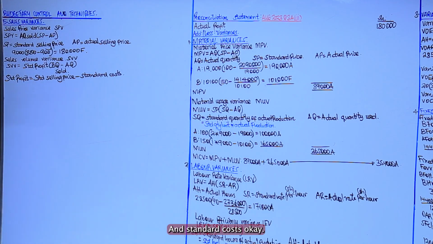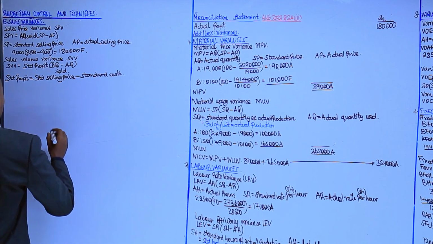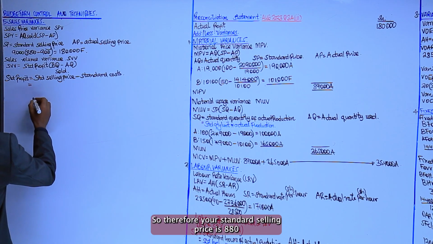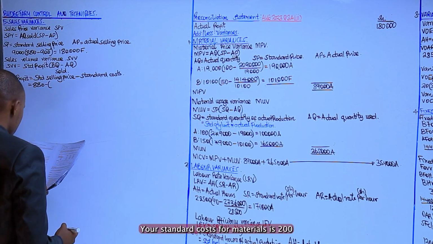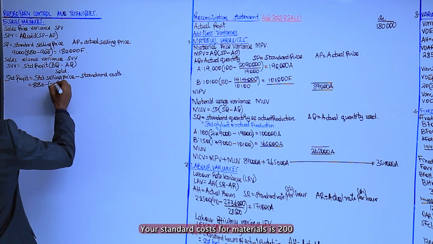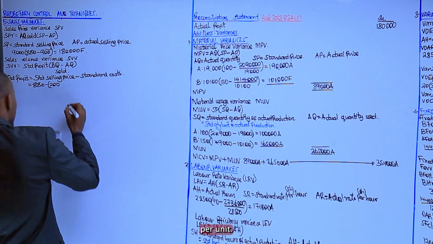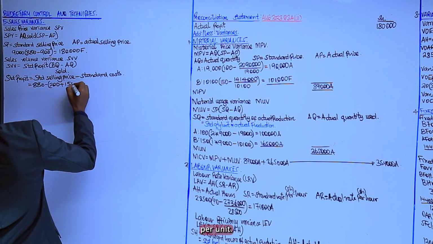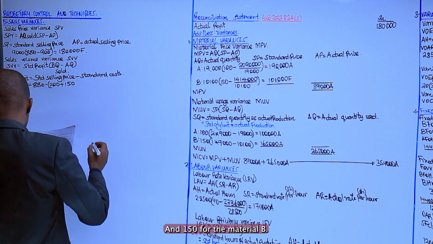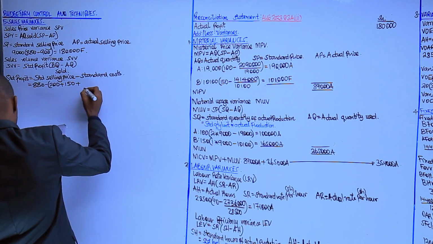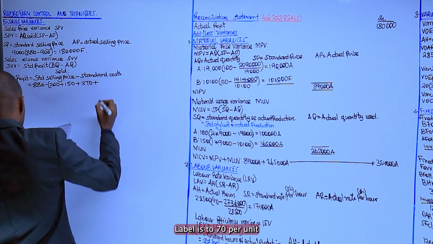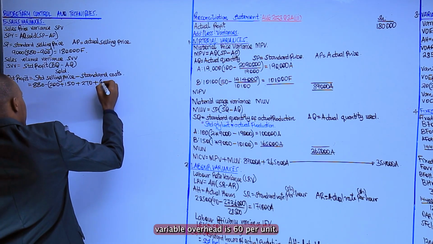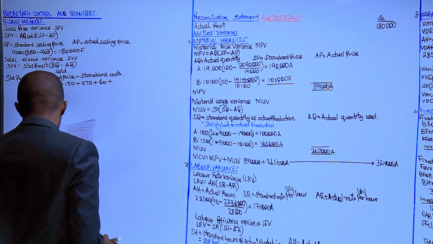So your standard selling price is 880 minus your standard costs. For materials, it is 200 per unit and 150 for material B. Labor is 270 per unit. Variable overhead is 60 per unit.